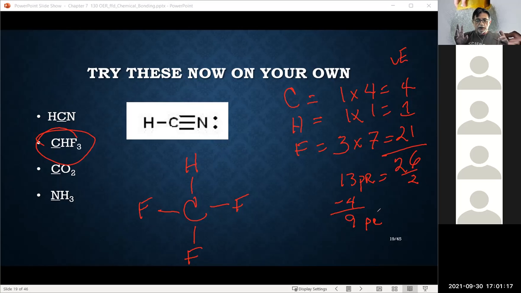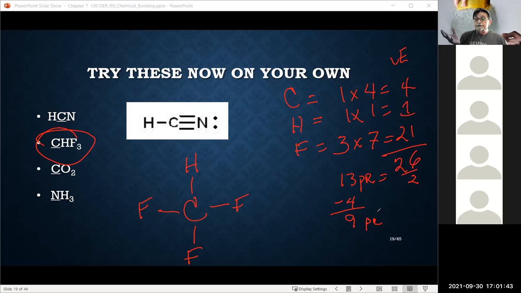Remember, hydrogen is a duet. It's happy with just 1 pair. It's got 1 pair. It's done. In fact, that's something to tell you: if you ever see a hydrogen with a line on it, it's done. No more, I can't add any more. What about the carbon? Can I add any more to the carbon? No, because it already has 8, right? You got it, exactly. It's got 4 bonds around the carbon.